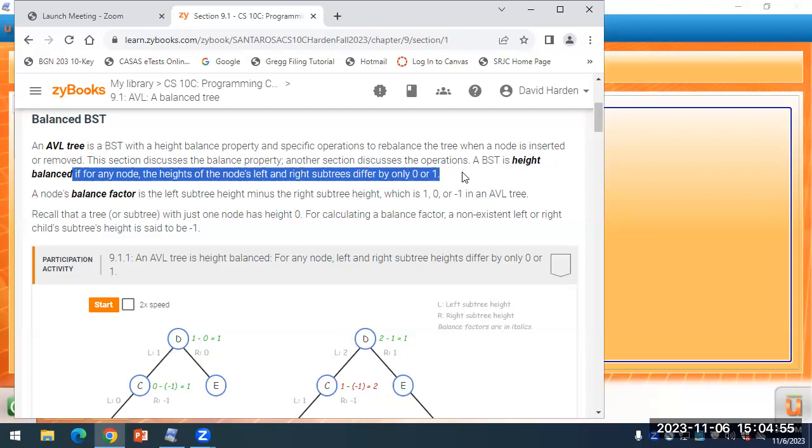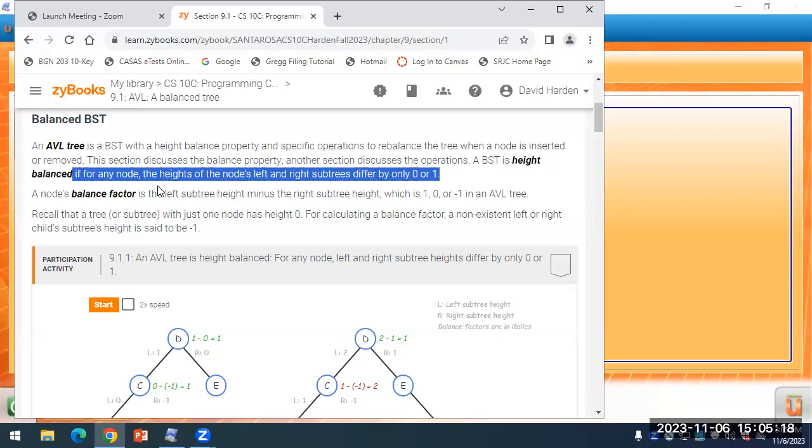So you go through every node in the tree, look at the left subtree, find the height of that, look at the right subtree, find the height of that. If the heights differ by 0 or 1 for every node in the tree, then it is a height balanced binary search tree.